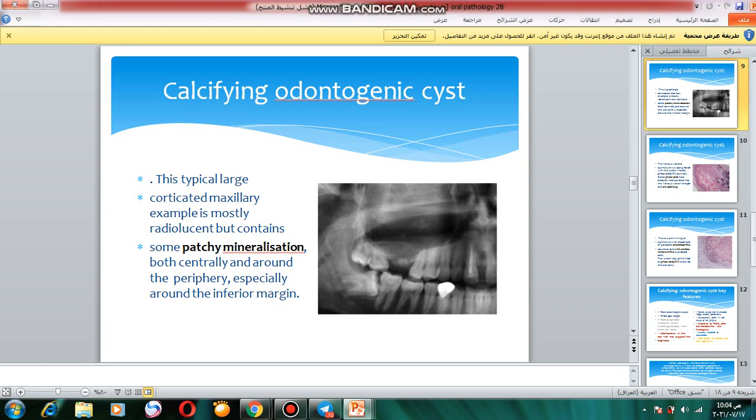And as you see in the X-ray of the maxilla, there can even be root resorption or displacement. Why?